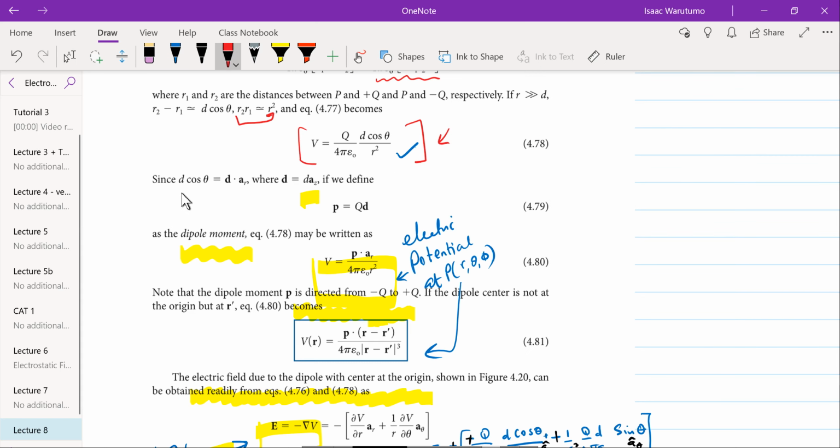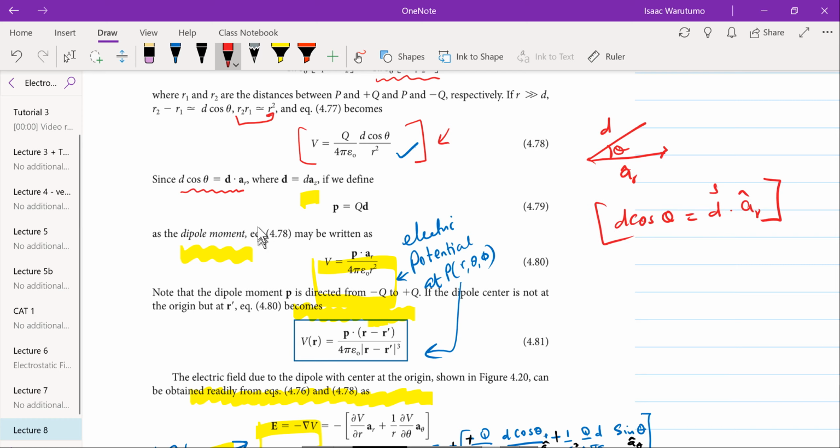And from our knowledge of vectors, we know this to be true: any two vectors separated by an angle theta, if you say this is your D and this is your AR, the unit vector, then D cos theta is always equal to D, the vector, dot AR, the unit vector. Nothing is strange there.